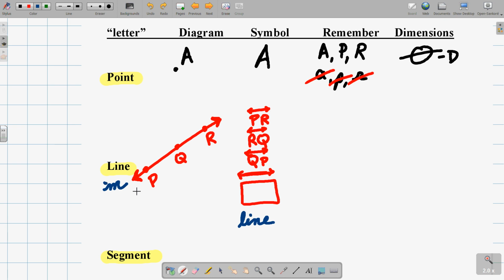And then you use the lowercase cursive. I could call that line m. Remember, you use 2 points, capital letters with arrows both ways. A line only has length. Therefore, it's 1 dimension.